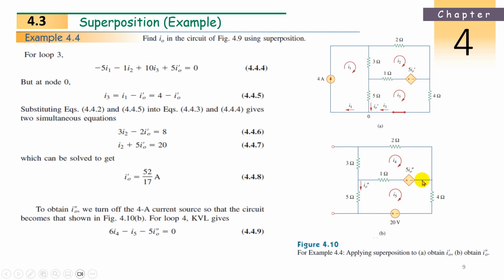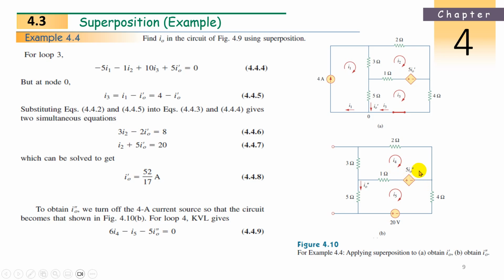Second loop, what will we have? Sum all the resistances: 5 plus 1 plus 4, 10. So 10 I5. Here only one current, here also only one current, here two currents are there. So 10 I5 minus I4, because the current is opposite to I5.